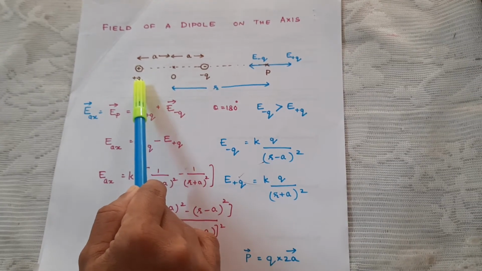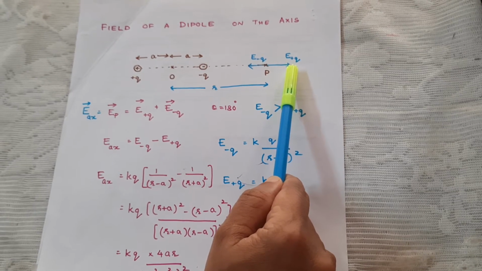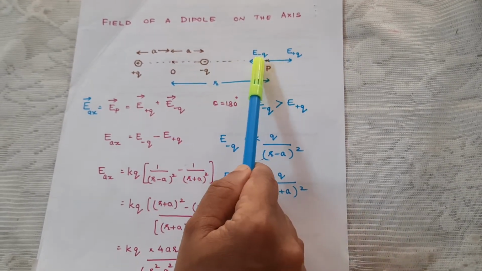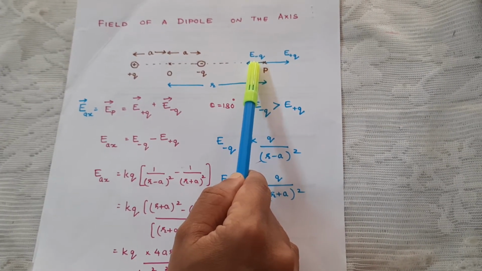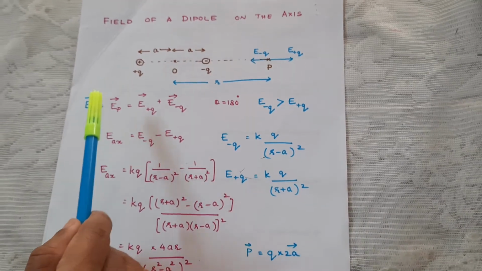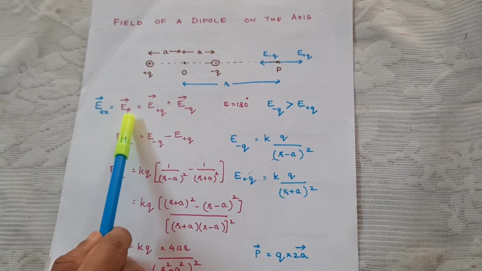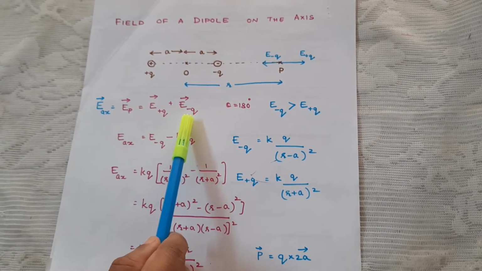For the positive charge, the electric field is directed away from the charge, E plus q. For the negative charge, electric field is directed towards the charge, E minus q. So, the electric field on the axial line, electric field at P, is the vector sum of the two fields.